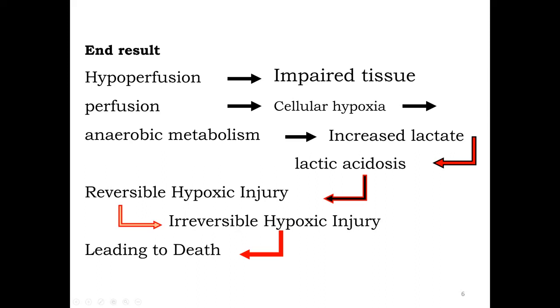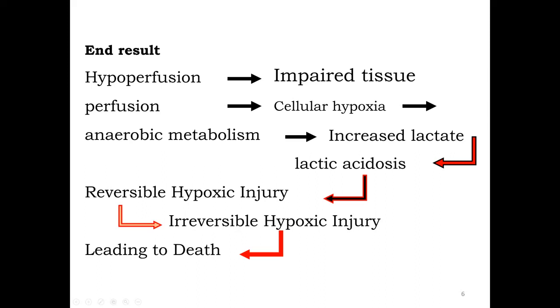Now, cellular hypoxia is responsible for anaerobic metabolism, with the result that there is increased lactate in the tissue, resulting in lactic acidosis.